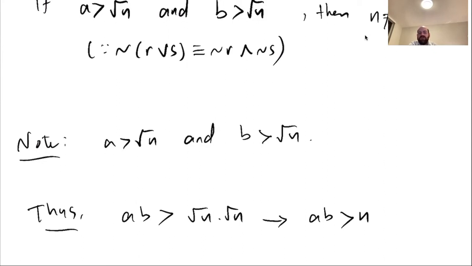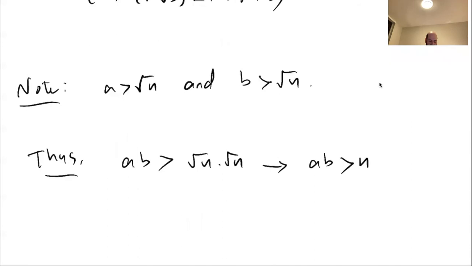Why is everything positive? Well, because root n is positive, not negative, and a and b are bigger than root n, so a number bigger than a positive number is positive, right? So a and b are positive and root n is positive. So I can multiply these two and get ab bigger than root n times root n, which means ab is bigger than n. So n is not equal to ab, because ab is bigger than n, so they are not equal.